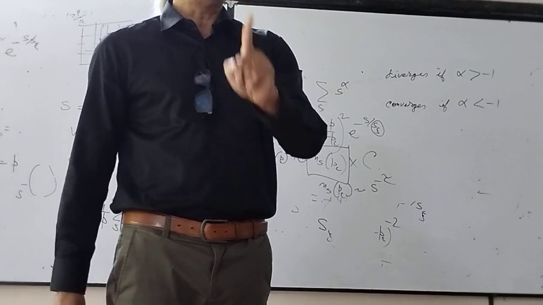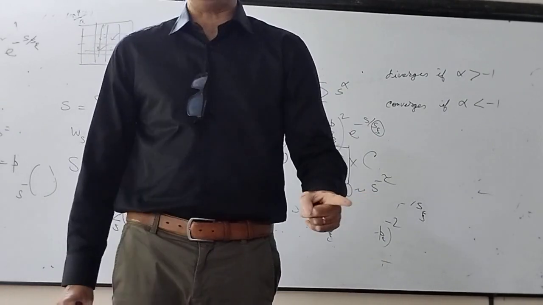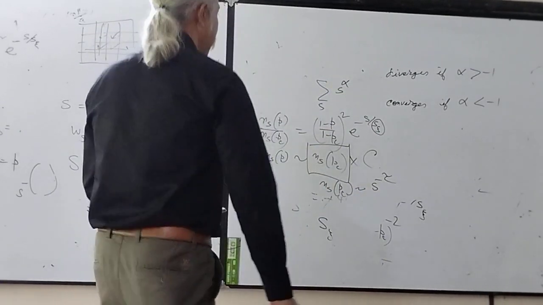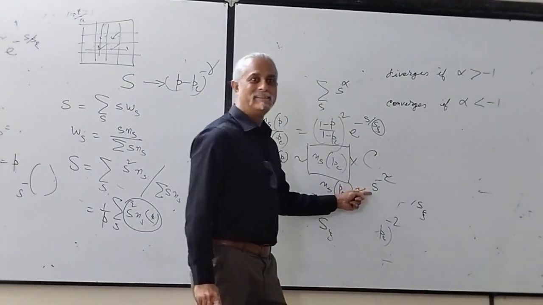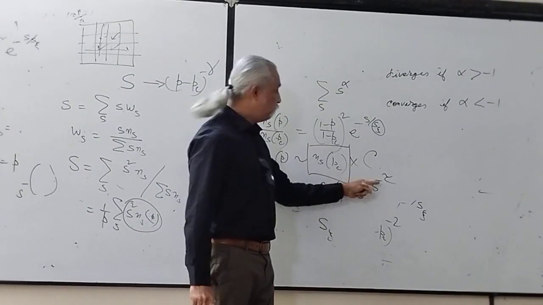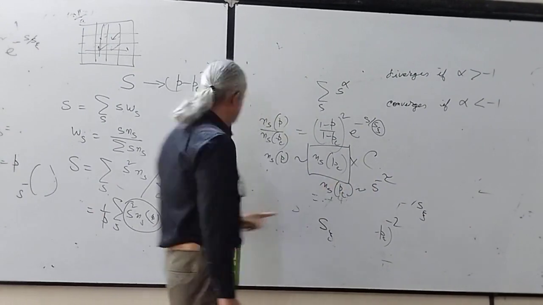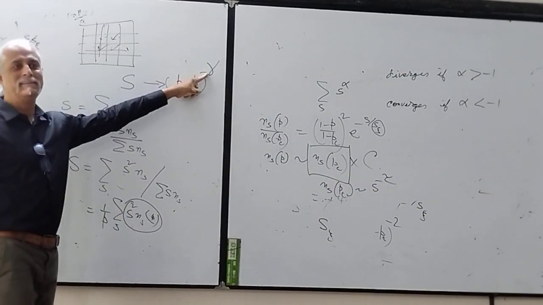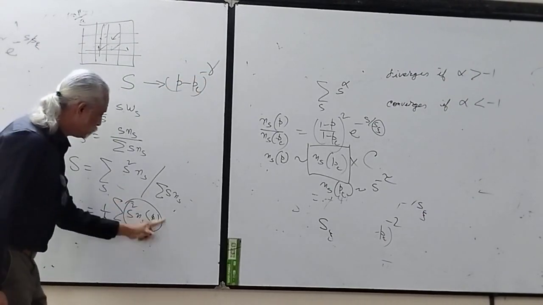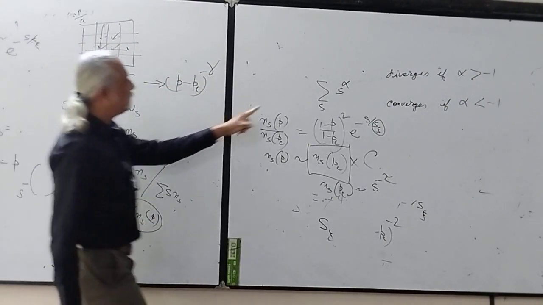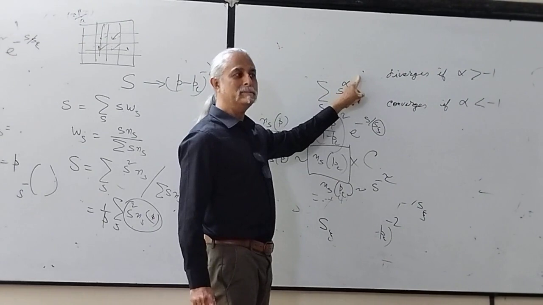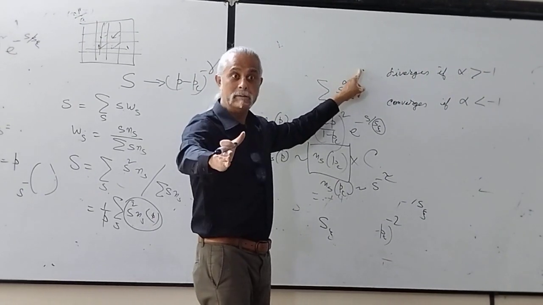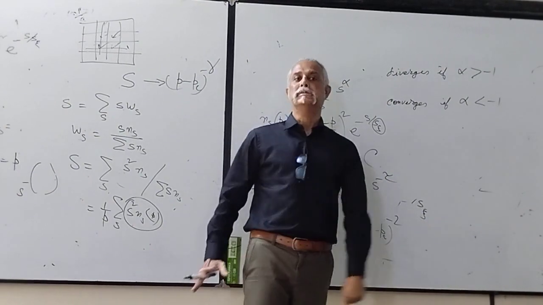For the time being, this is an ad hoc assumption I am making, and then I have to justify it. If not, this sum will not diverge this way; it has to come in the form s to the power alpha somehow.